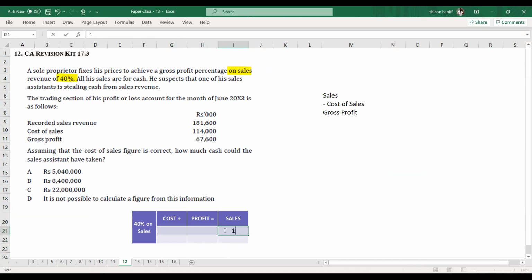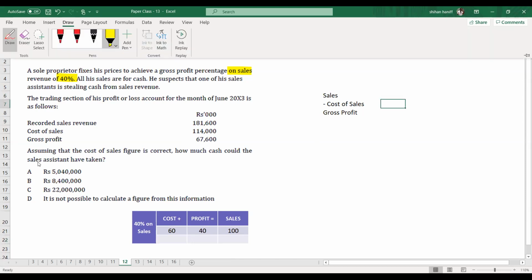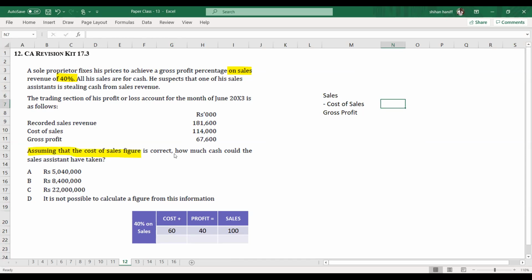If the sales is 100, profit is 40, cost is 60. And according to the question, assuming that the cost of sales figure is correct, the cost of sales is correct.